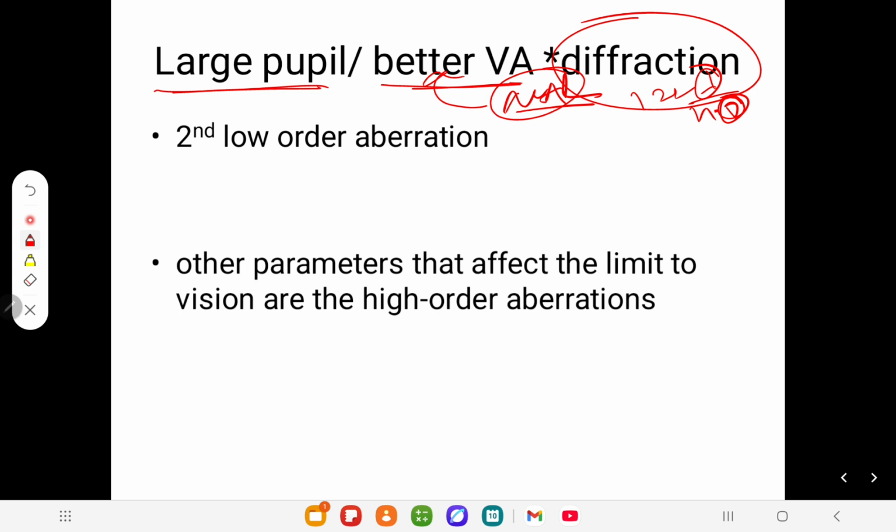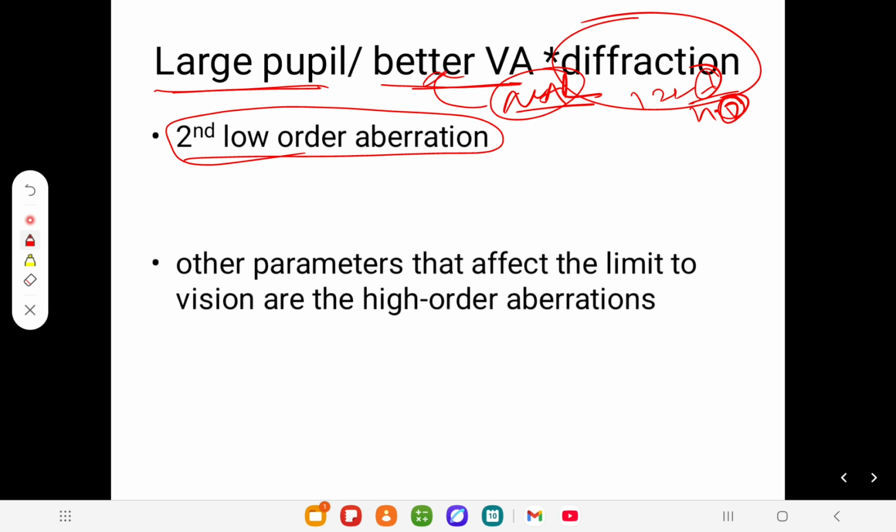We know that. But if we consider aberration, what we know as aberration is our refraction, which is basically minus power or plus power in a sphere or cylinder. There's also second order aberration, and obviously second order aberration decreases our vision, which is very obvious.